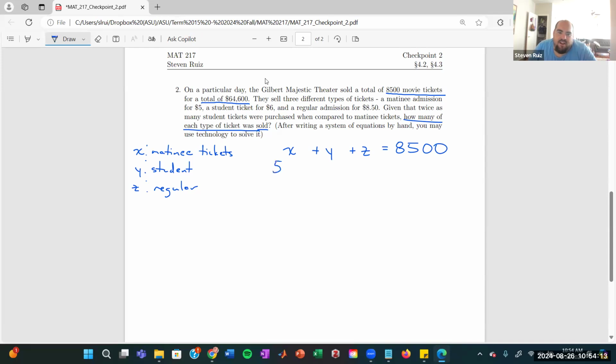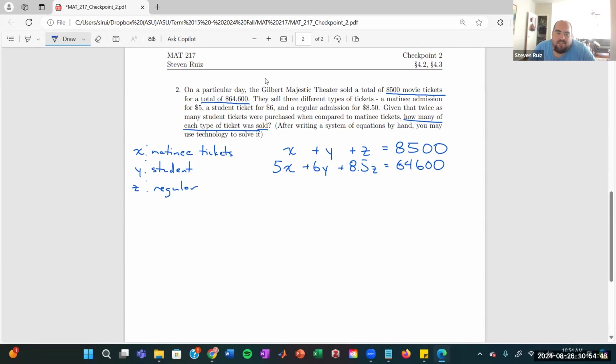So if I take $5 and multiply that by the number of matinee tickets I sold, and also multiply $6 times the number of student tickets I sold, and finally multiply $8.50 times the number of regular tickets I sold, that sum is how much money they brought in on that day, $64,600. So I got 2 equations. I need more information that will give me a third equation.